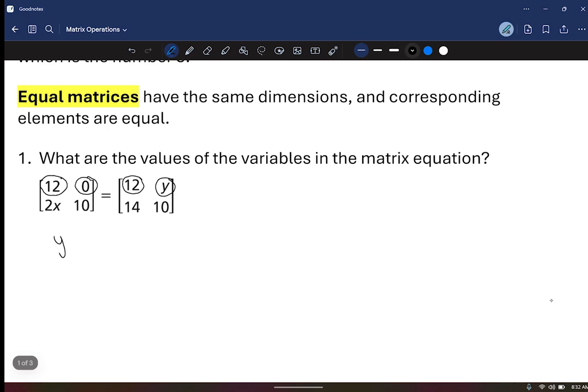Well, y has to be equal to 0. 2x has to equal 14. So obviously x is going to be 7, but if you needed an equation for that, 2x has to equal 14. If you solve for x, x is 7. And then 10 has to equal 10. So y would be 0 and x would be 7.